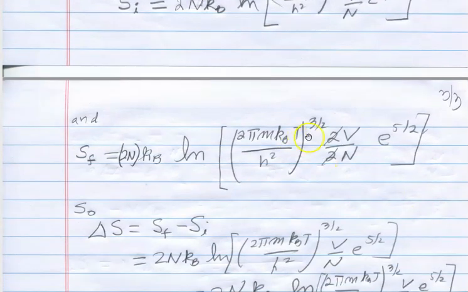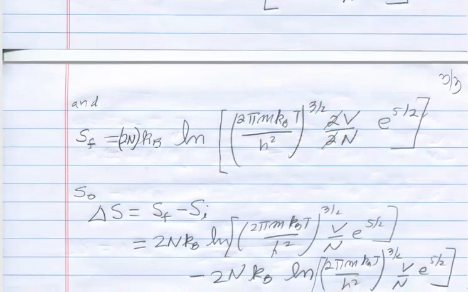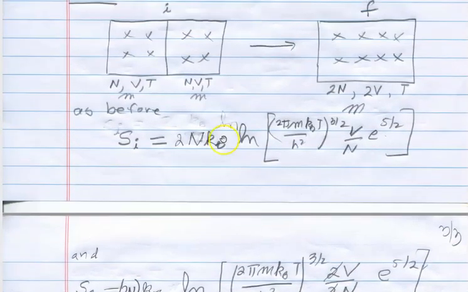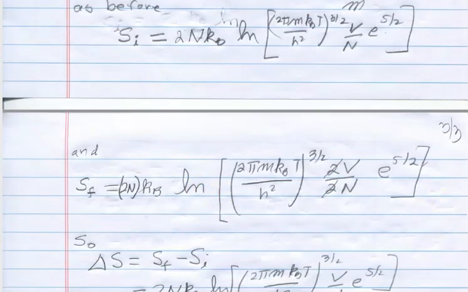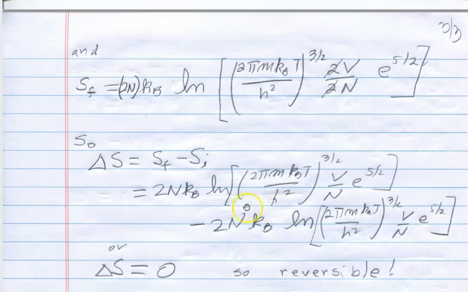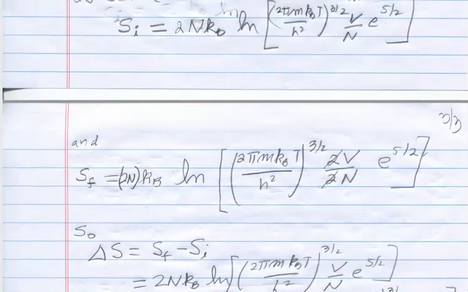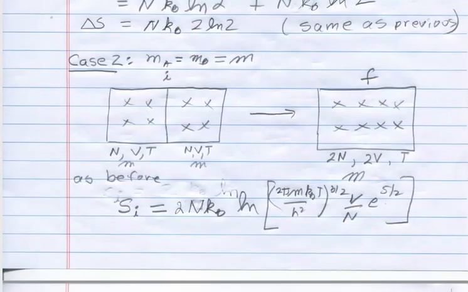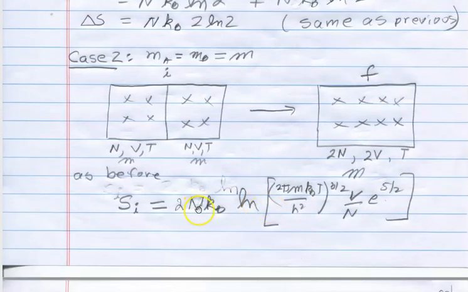And again, you get some cancellation here. The 2's go out. And then I just subtract S_I from S_F. But if you look at those two, they're identical. The final is 2N kB natural log V over N. And the initial one, due to the identical particles, was the same.